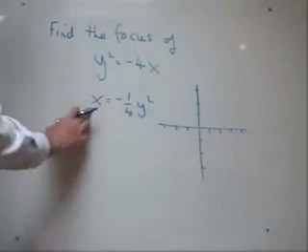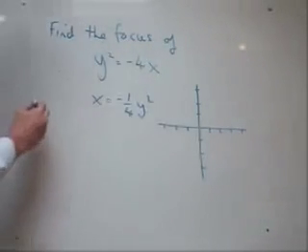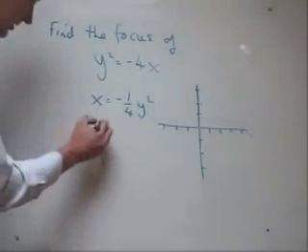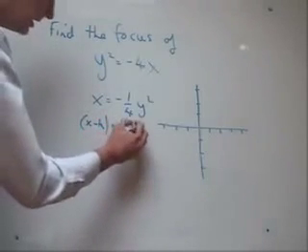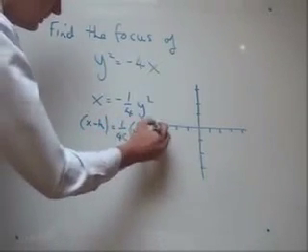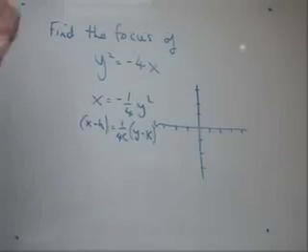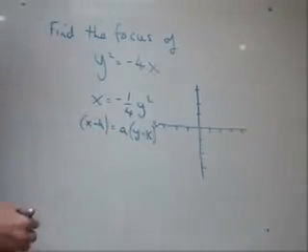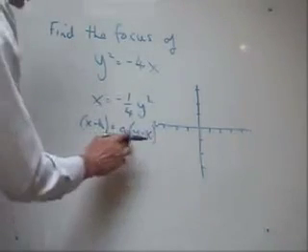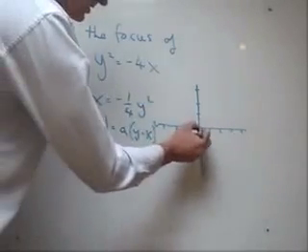We know the vertex must be (0, 0). Here's your general equation: x minus h equals 1 over 4c times (y minus k) squared. Where this is a value, we'll call this the a value. And we know that a is 1 over 4c. So h and k must be 0 for this.